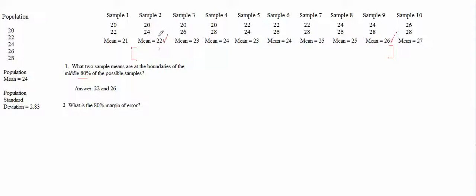And we know that they're 22 and 26. What you can do now is take the population mean, which came out to 24, and find how far away that population mean of 24 is from these two boundaries. So the 80% margin of error is just the distance from the population mean to the two boundary points of the middle 80%.